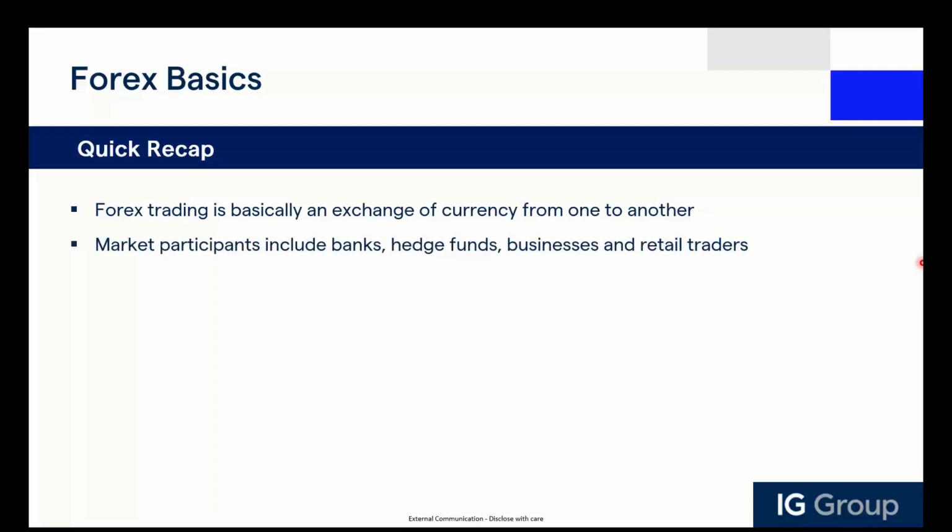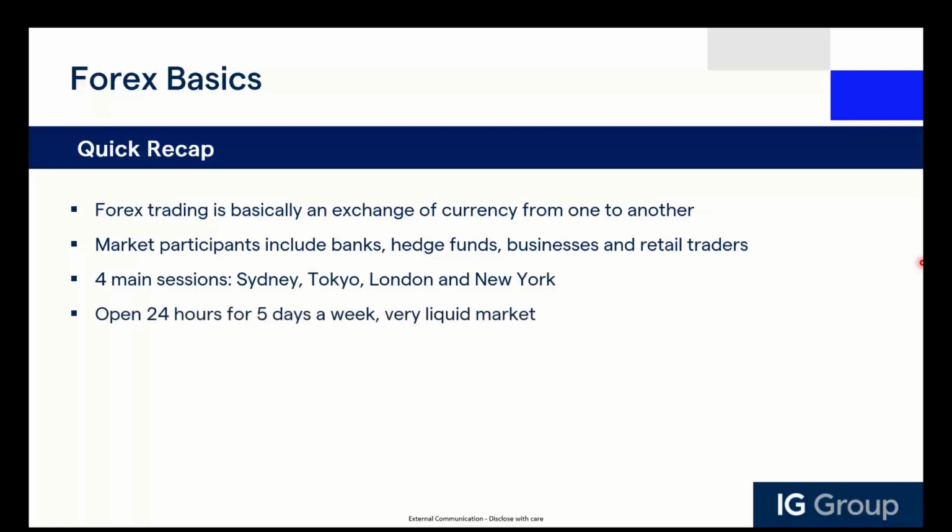So we have the banks, the hedge funds, the investment managers, businesses, and of course retail traders like you and I. There are 4 main sessions: Sydney, Tokyo, London, and New York. So it's open for 24 hours for 5 days a week, and it's a very active and liquid market. Forex trading is bi-directional, so more opportunities. You can go long, you can go short, depending on your view of the market, and it's leveraged and traded on margin.